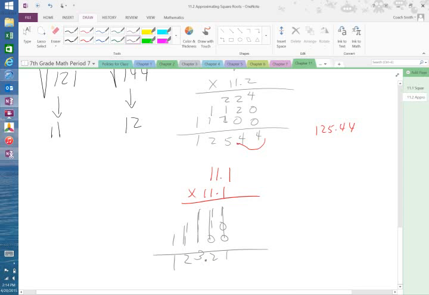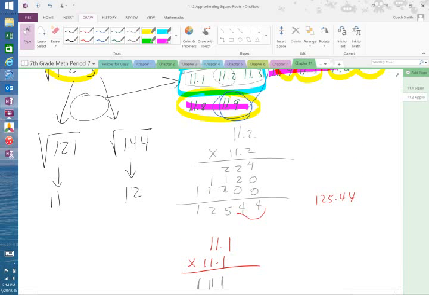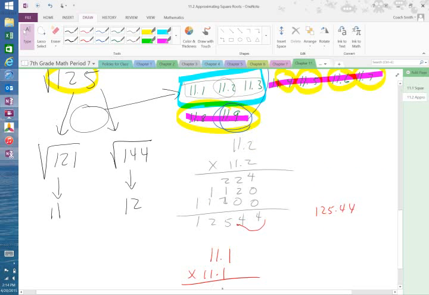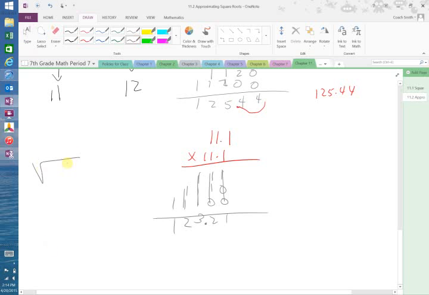Now, is that or 125.44 closer to 125? Yeah, 125.44. So that means 11.2. The square root of 125 is 11.2, approximated to the nearest tenth. Okay?